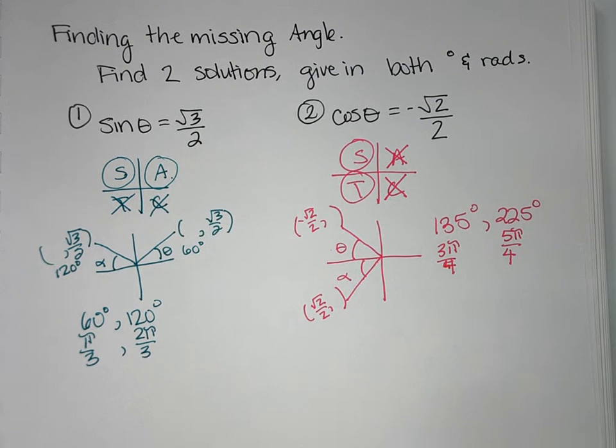So when you guys are doing your assignment out of the book, you're going to be doing a combination of all of these things. So you're going to start with some that are just finding arc length or parts of the arc length formula. Then you're going to have some that are going to ask you just about what quadrant things lie in.